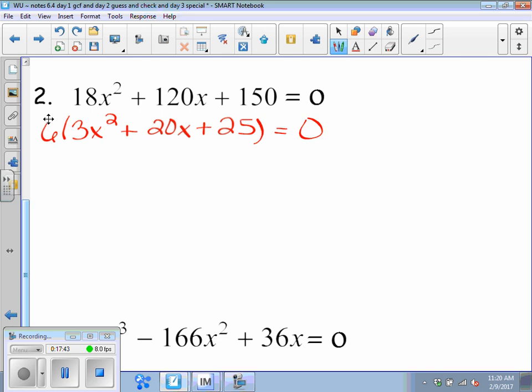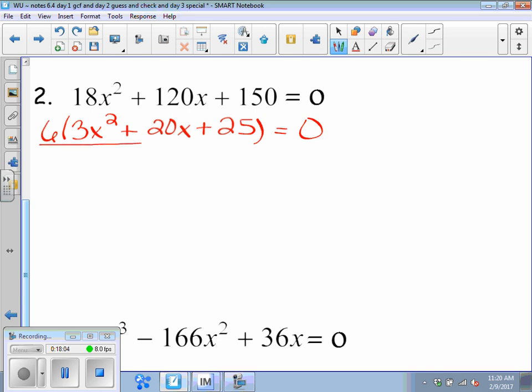Now, if you had factored out, let's say, a 6x, you cannot divide both sides by a variable to get rid of it. You can't get rid of a variable. All right? So if we had factored out an x, that would stay on the outside. Okay? But you can divide both sides by the constant to get rid of it.